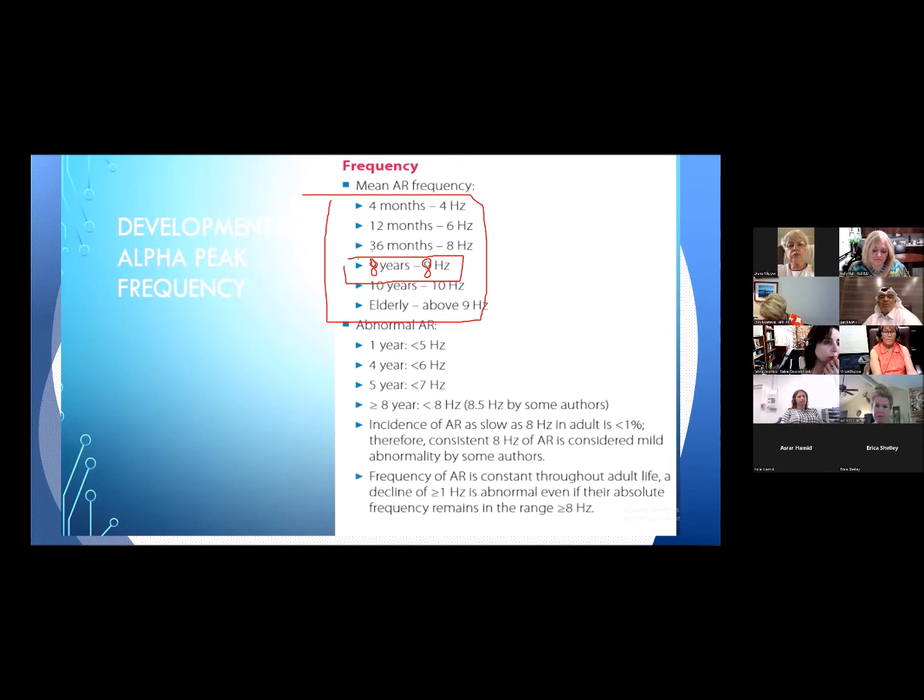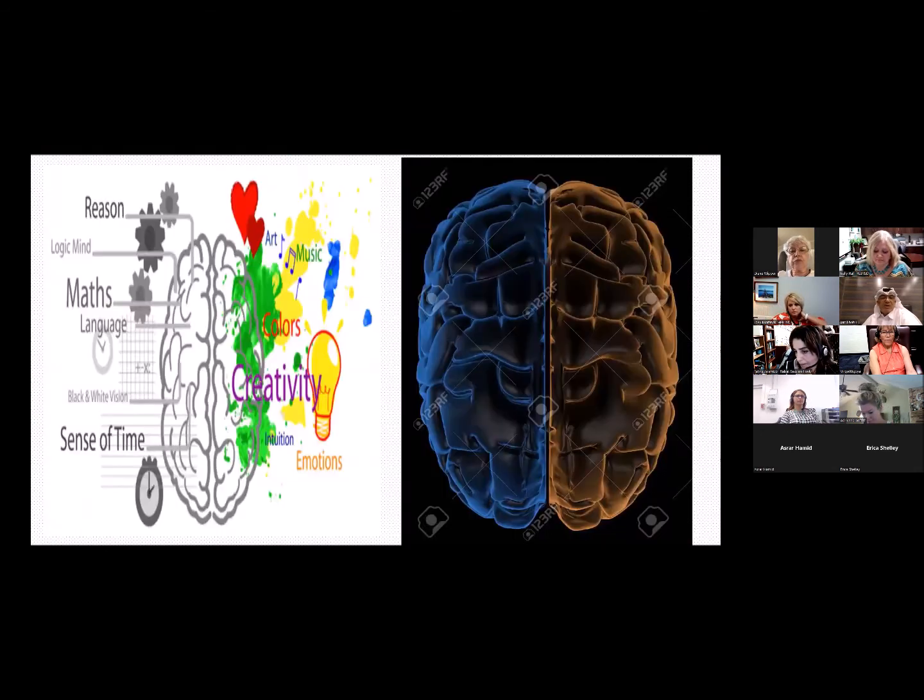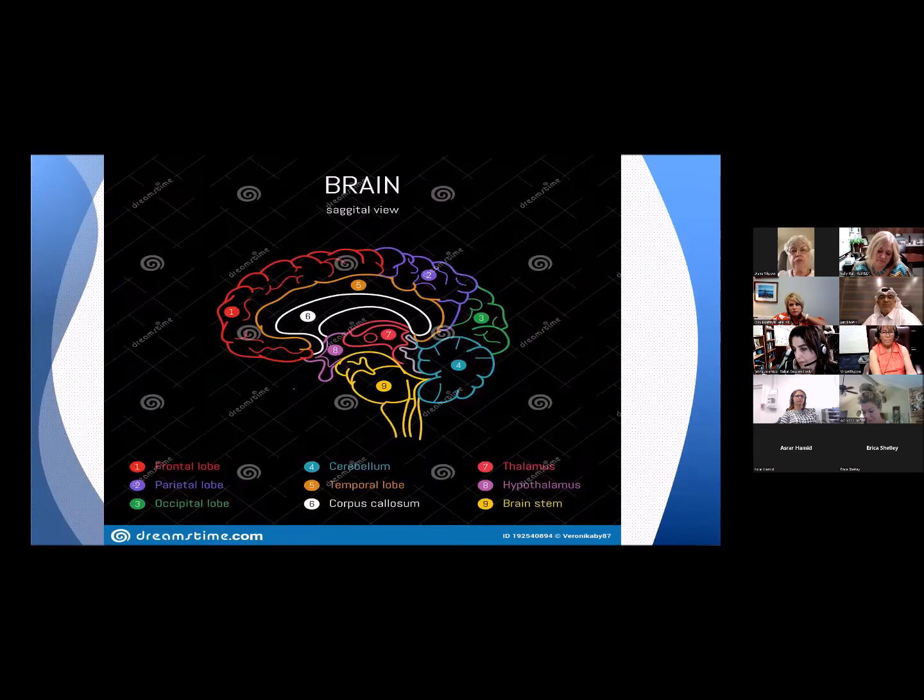So to remember this, middle age is at 10, and as he grows older, into the elderly, or is at a younger level, it will go down. Some elderly in the alpha level, it should sometimes drop down to 8 or 7 if he has dementia or brain damage.